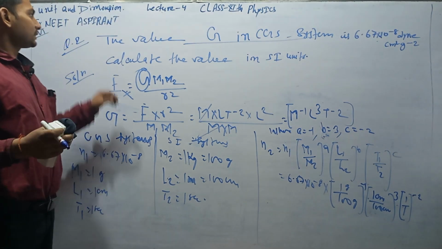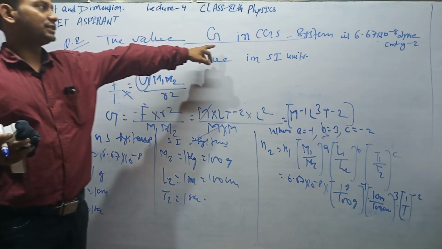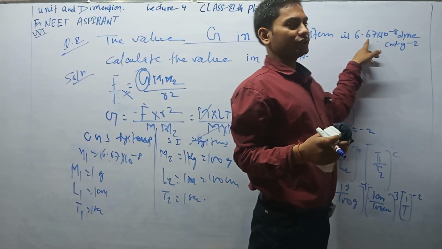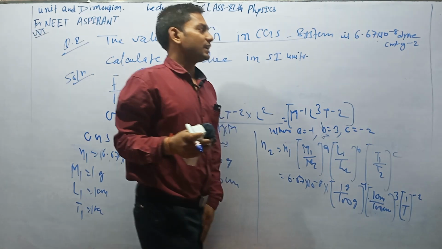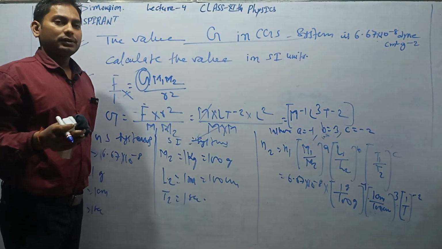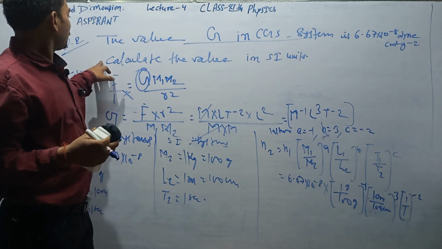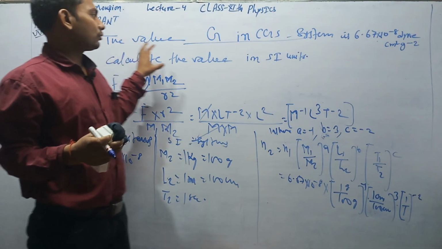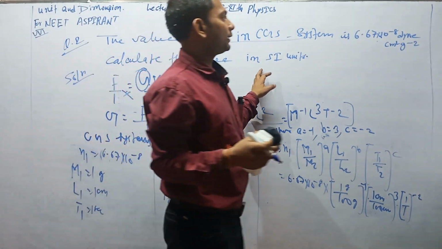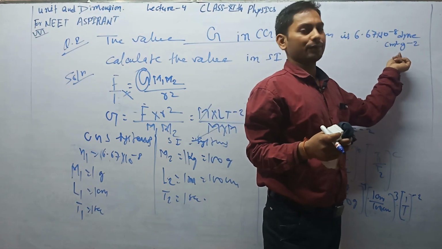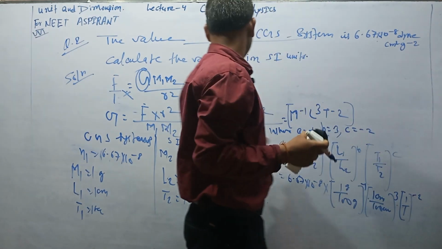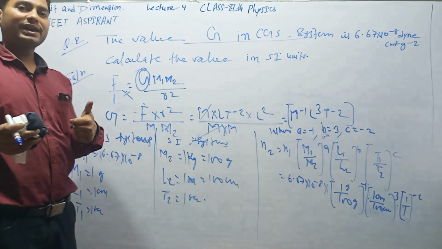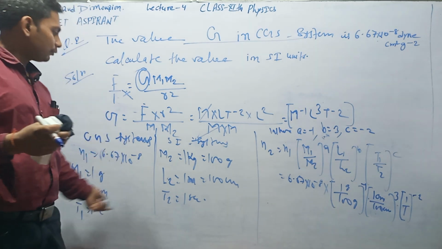First of all I discuss this question. It says that the value of G in CGS system, where N1 is equal to 6.67 into 10 to the power minus 8 dyne centimeter square gram inverse minus 2. Calculate the value in SI units. In the CGS system, given that N1 is 6.67 into 10 to the minus 8, M1 1 gram, L1 1 centimeter, time 1 second.